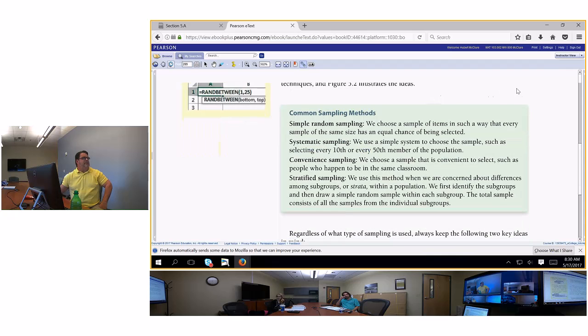Okay, random sample. Make sure you make a note of this box on page 289. Make sure you know what a random sample is, a systematic sample, a convenience sample, and a stratified sample. A simple random sample is me taking a Post-it note for every one of you, and they all have to be the same size and the same color.